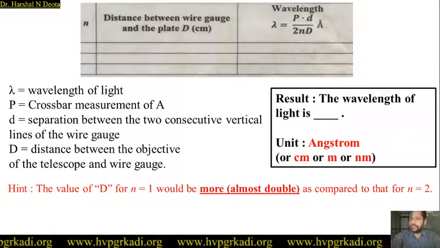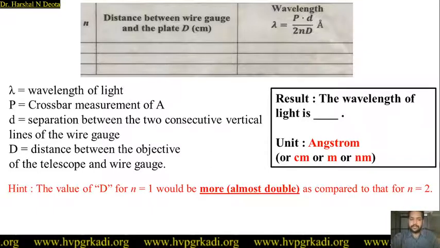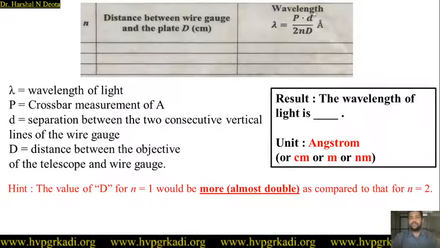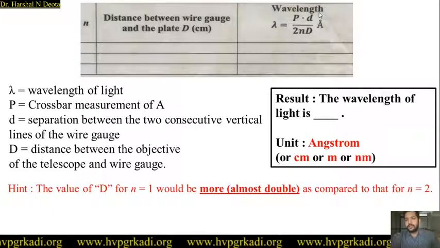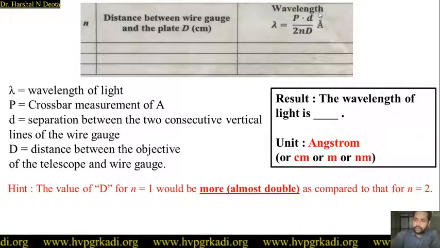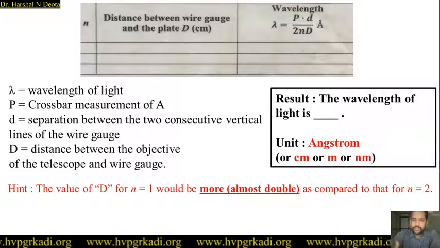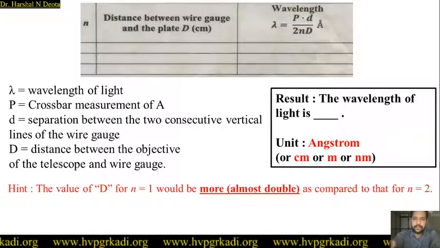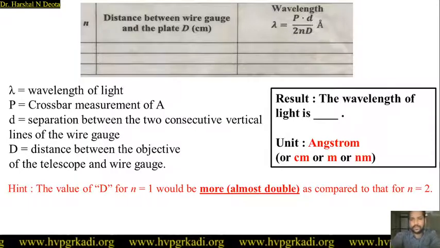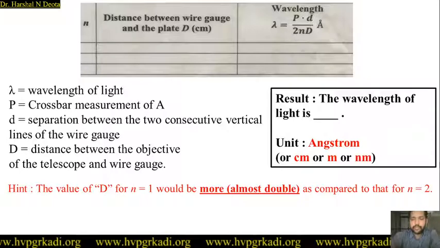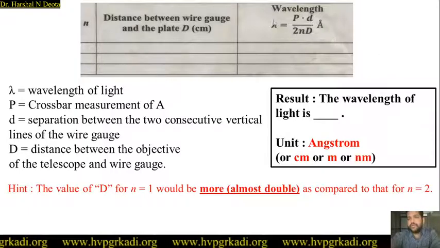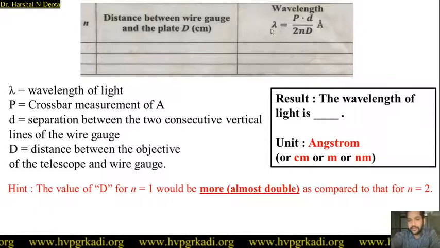One more thing I want to say, that is a hint: whenever you want to calculate lambda, you can also do it in a different way. Many times students try to find some other way to simplify the experiments, and that is not at all wrong. What you can do is, you already know the answer here, lambda 5893.